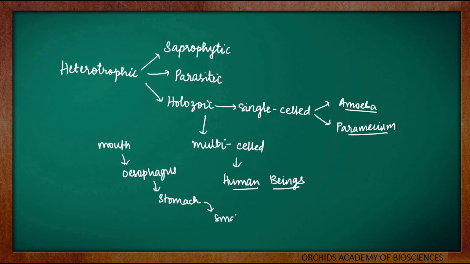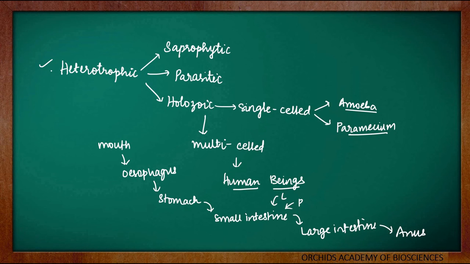Then it goes into the small intestine, and here it receives the secretions from the liver as well as the pancreas, and the small intestine is the site of complete digestion of food. Then the food will go into the large intestine. In the large intestine, the water is absorbed through the villi, and finally the waste is removed through the anus. So this is all that we have discussed in this video in the heterotrophic mode of nutrition.